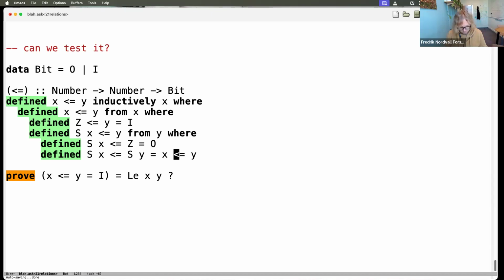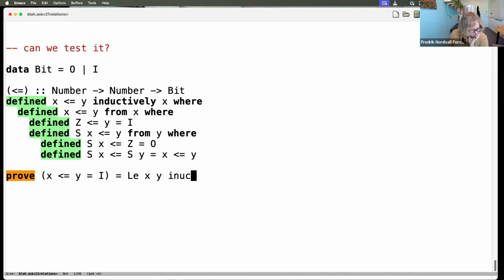So let us actually prove what it means for this thing to return true. What I'm going to prove is that if my function returns true, then that's logically equivalent to our relation holding. So the test X less than or equal to Y returns true if and only if X is actually less than or equal to Y. Does that seem reasonable? Okay, let's do it.